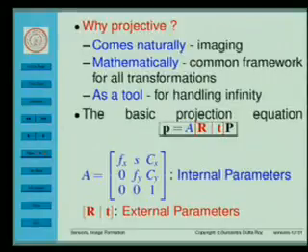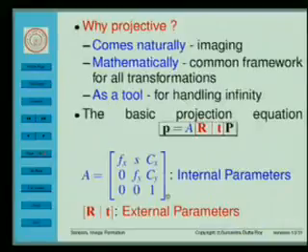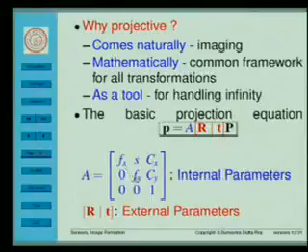Camera parameters are of two types. One is a set of internal camera parameters, camera ke andar hai, essentially things like the focal length. That is an internal property of the camera, and sometimes the focal lengths in the x and y directions are slightly different.